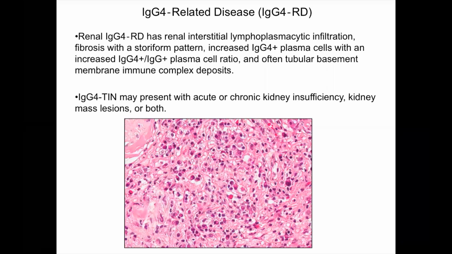It was a very fashionable disease. I remember when I was in training there were a lot of papers about it, and they divided it into class 1 and class 2, predominantly discussing the pancreas and the liver. Now we know it is a systemic disease, as you guys know, and one of the organs it might affect is the kidney as well.